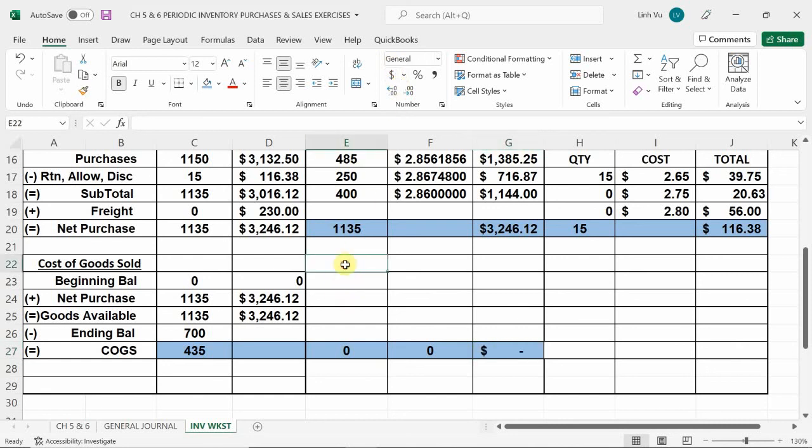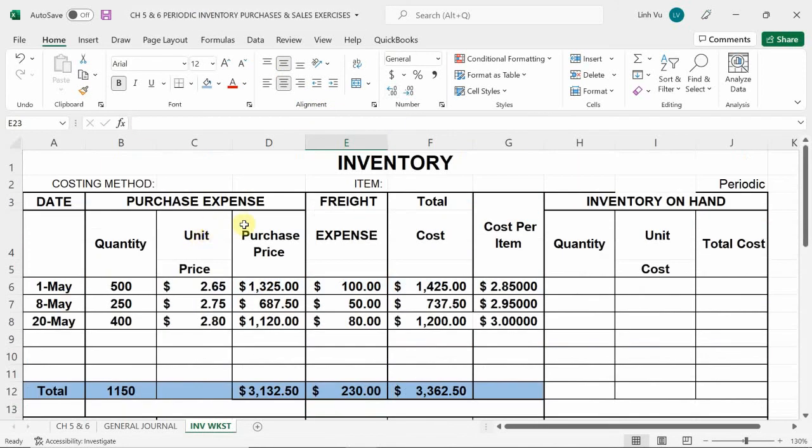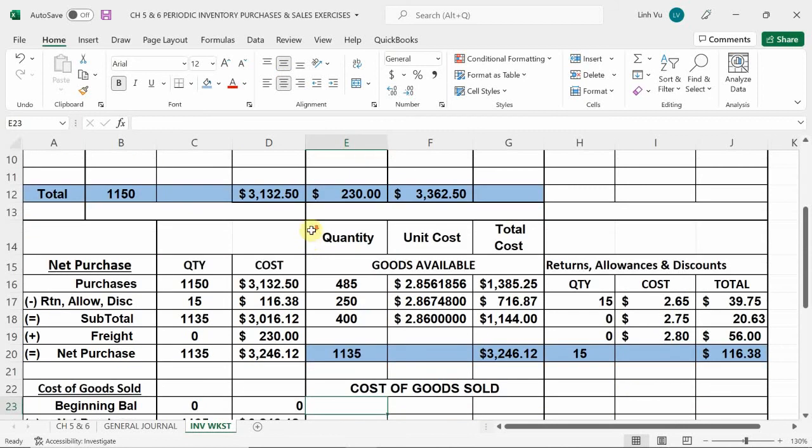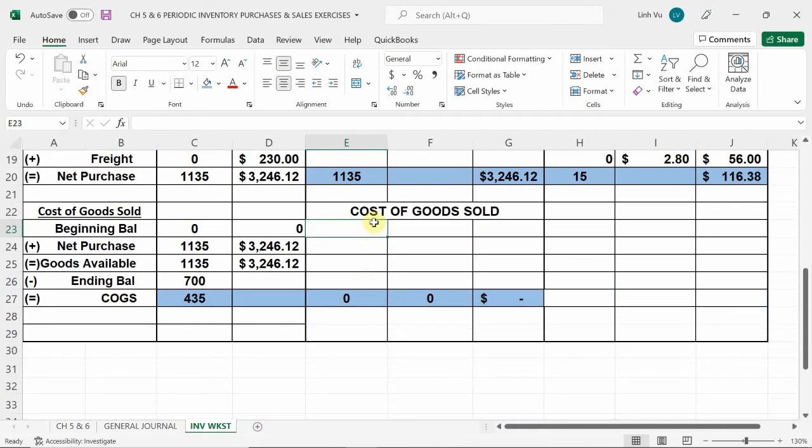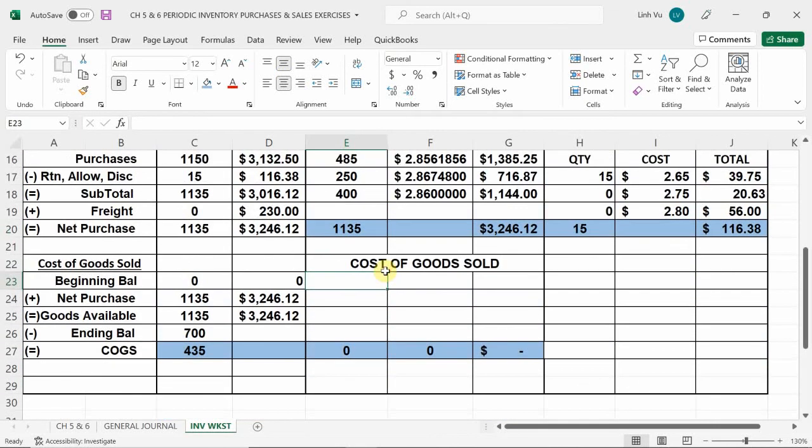Okay. I'm going to create my cost of goods sold table. If you remember from the very beginning, I've mentioned that your inventory is periodic and it is LIFO. So, in this case, I need to sell 435 mugs.